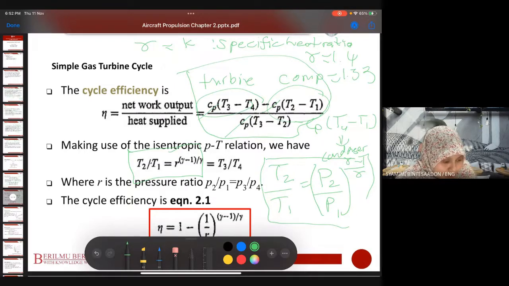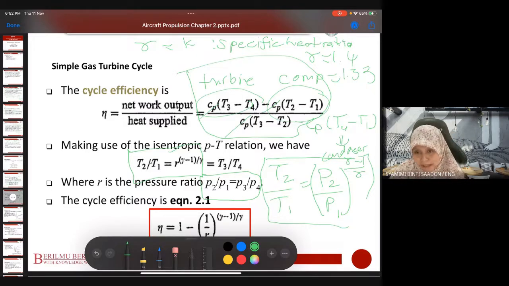So we can use this relation to link temperature and pressure. If we know the temperature, we can calculate the pressure, and if we know the pressure, we can calculate the temperature. That's how we calculate the pressure ratio. Pressure ratio P2 over P1 means the pressure at the exit of the compressor over the pressure at the compressor inlet. P1 is the compressor inlet, equal to P3.